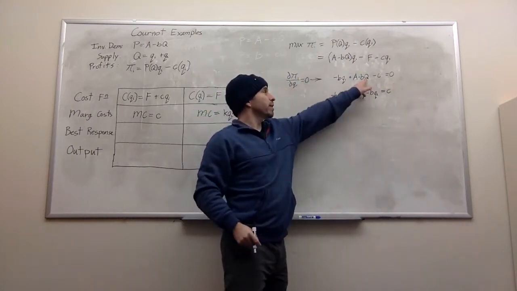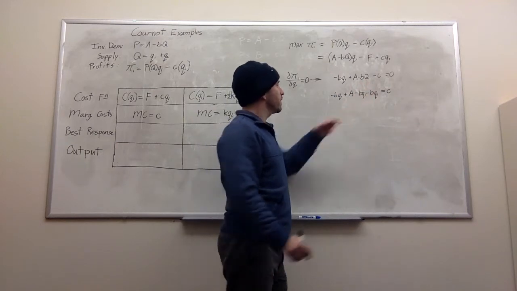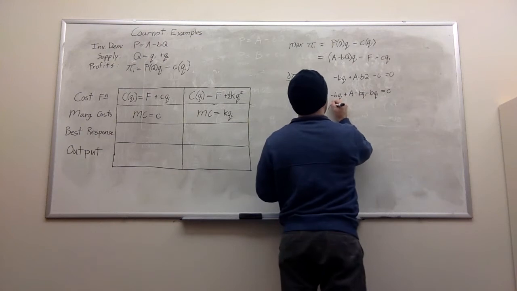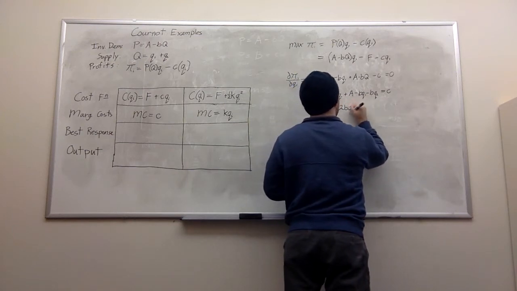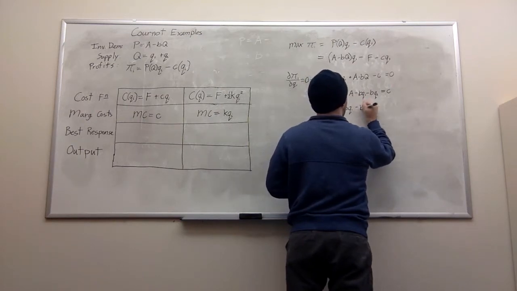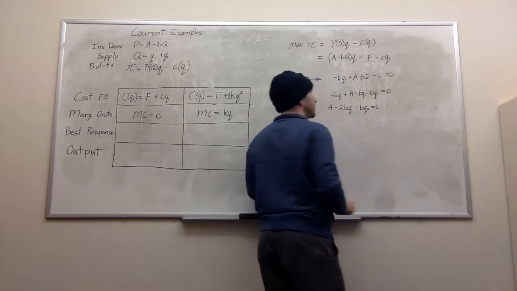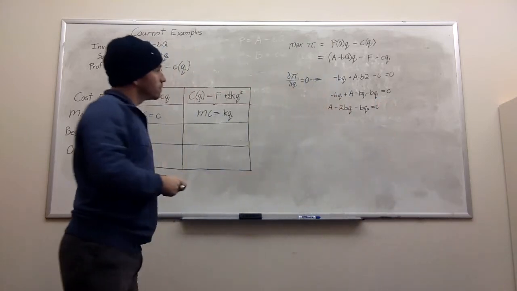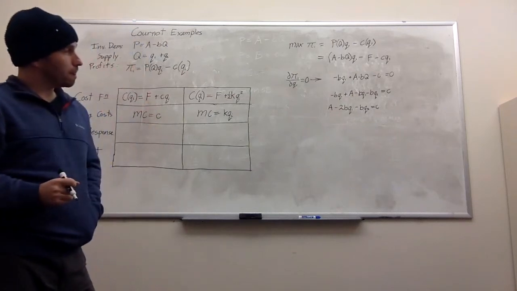Or I just plugged in that Q is equal to q1 plus q2. And now that is a minus 2b q1 minus b q2 is equal to c. All right?